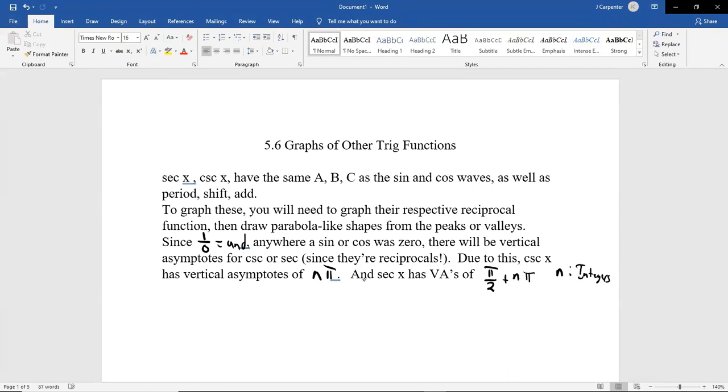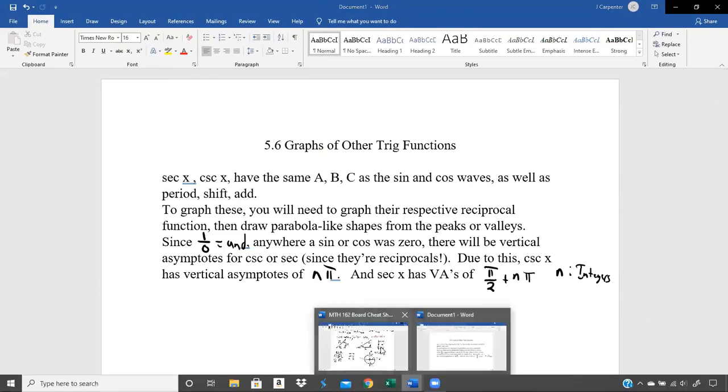Integers are your -5, -4, -3, -2, -1, 0, 1, 2, 3, 4, 5, extending forever and ever. So what I'm saying here is that your secant is going to have those dotted vertical lines at pi over 2 and then every pi after that. That's what this says. Why is this?